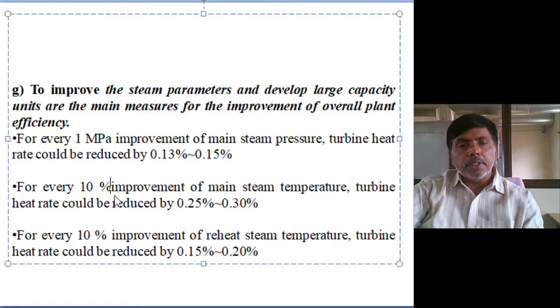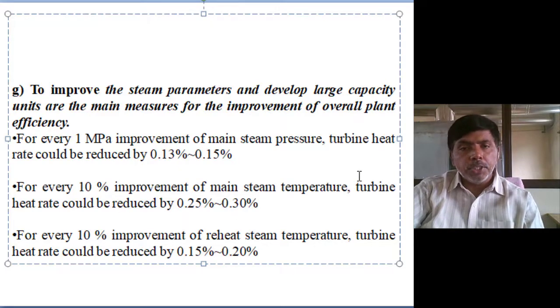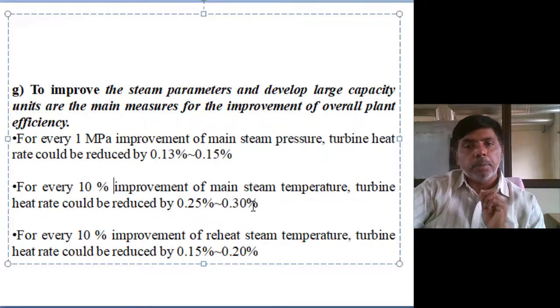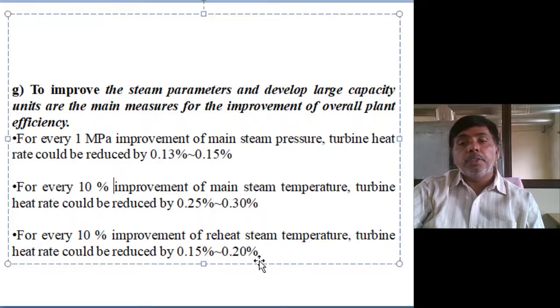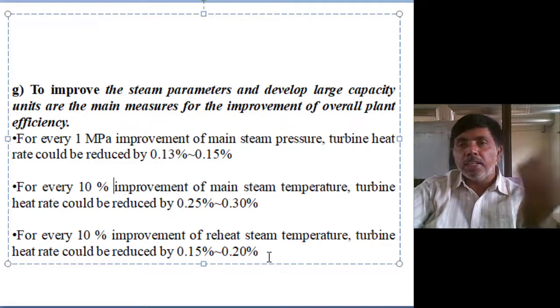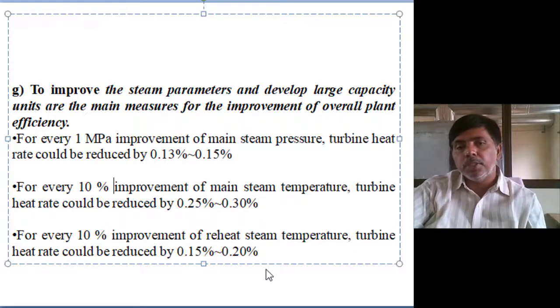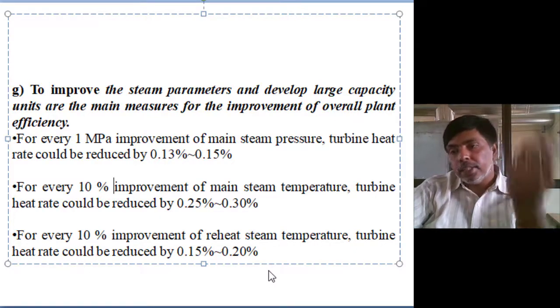Or a 10% improvement of the main steam temperature, with pressure rising and temperature rising, the turbine heat rate could be reduced by 0.25% to 0.3%. If I am superheating, then a 10% improvement of reheating reduces the heat rate by 0.15% to 0.2%. So we can calculate how much percentage we can increase the temperature, the pressure, and the reheating temperature.